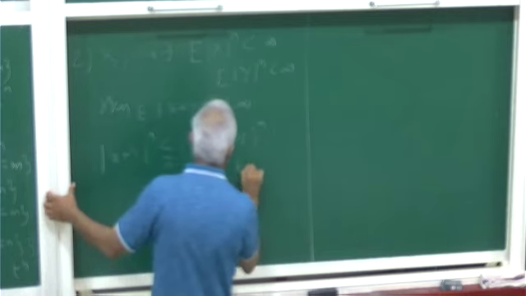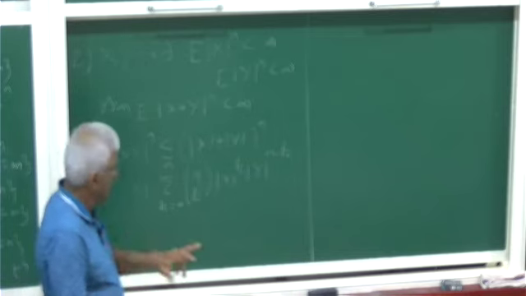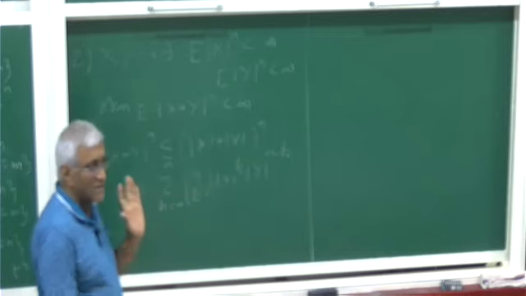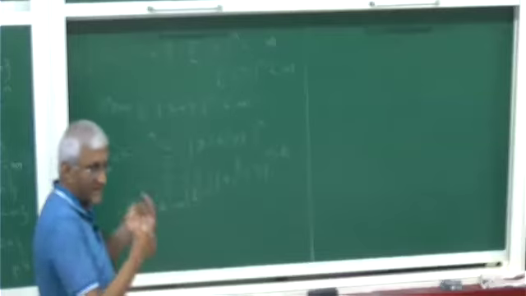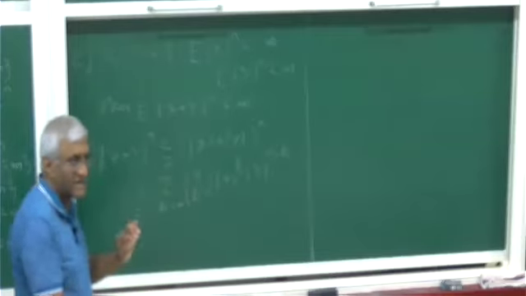Which is equal to the summation for k equal to 0 to n of n choose k, |x|^k |y|^(n-k). Now x and y are real valued, so |x| and |y| are real valued. Given any omega, one of them will be greater than the other: |x| is greater than |y| or |y| is greater than |x|.